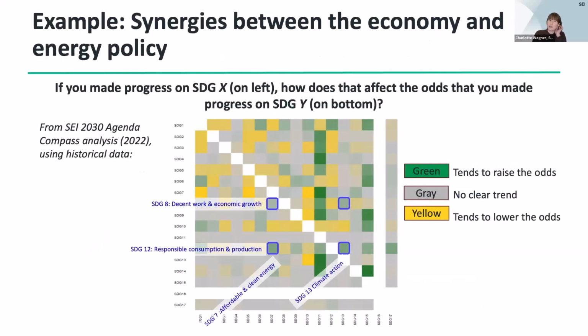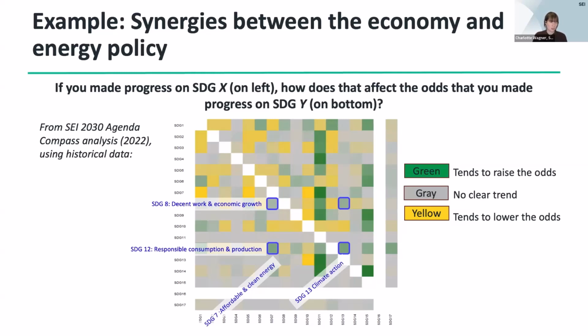This is from an analysis that SEI carried out a couple of years ago. It's called the SEI 2030 Agenda Compass Analysis, and it looked at historical data and expert opinions to identify how synergies between different sustainable development goals really played out.